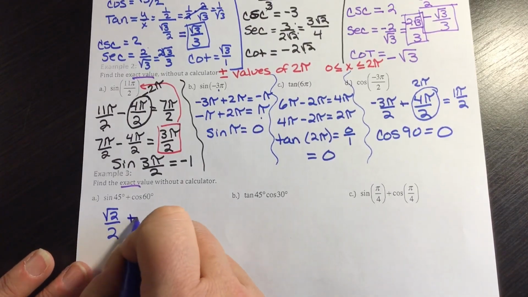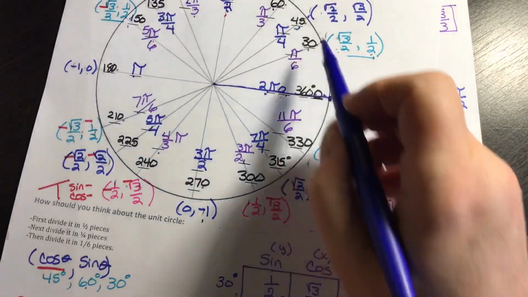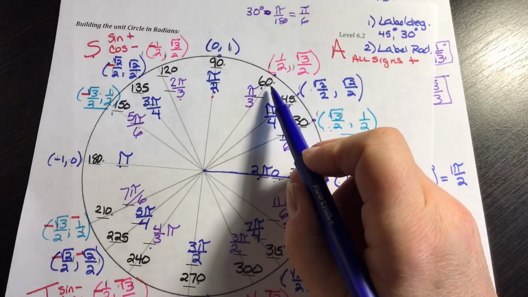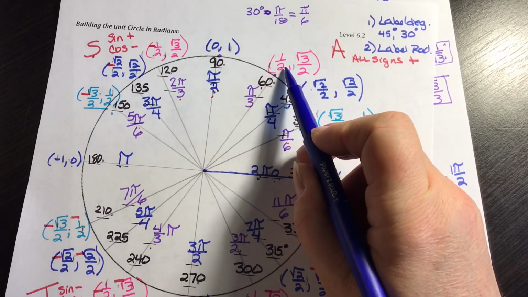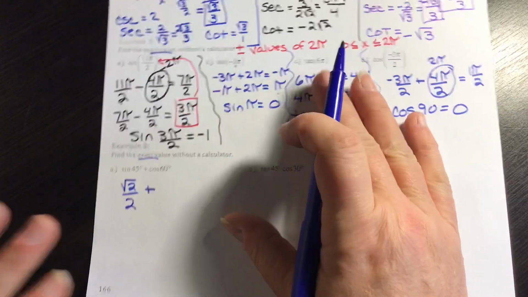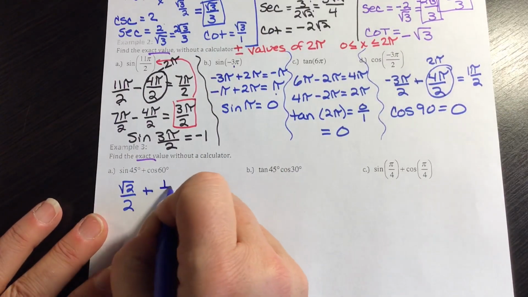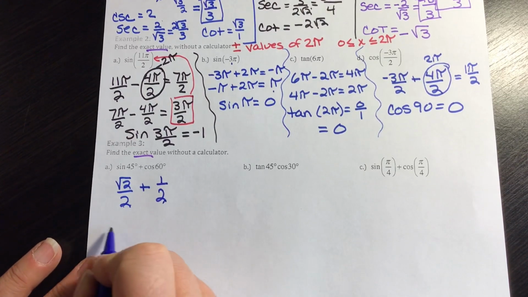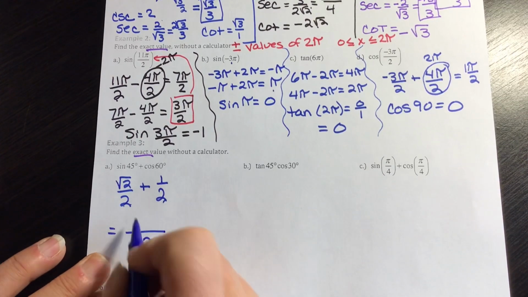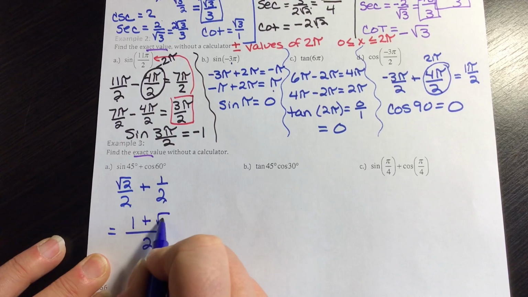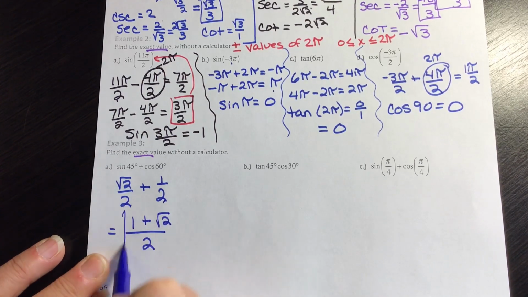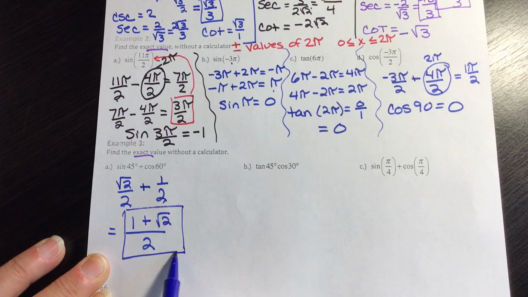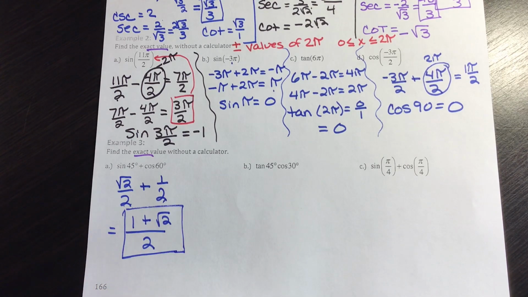And cosine of 60 degrees is here. Cosine is 1/2. So cosine of 60 is 1/2. I have a common denominator, so I can combine these, and this is 1 plus square root of 2 over 2. That's the value of sine 45 plus cosine 60.